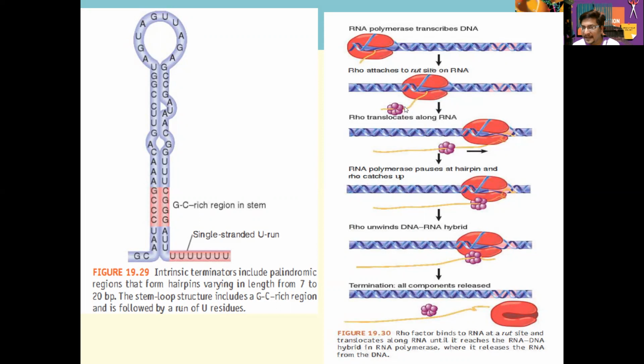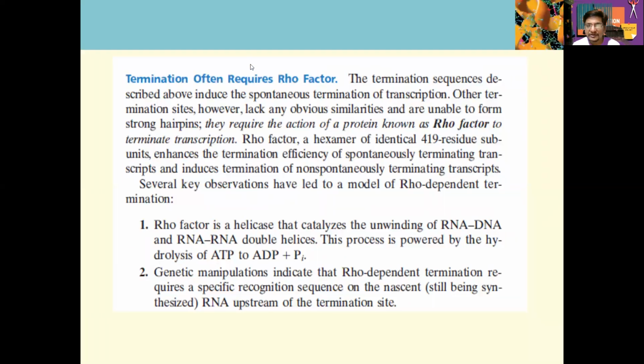Look over here, there's a lag between the movement of the RNA polymerase and rho, and as the hairpin loop comes, the polymerase slows down, then rho catches up and unbinds the DNA and RNA hybrid, and this will lead to the termination of the process.